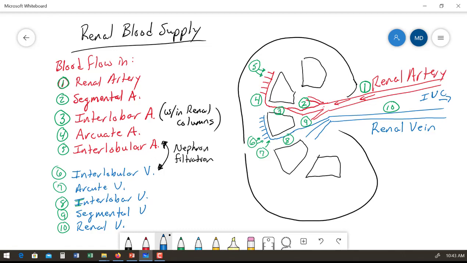Now next, what I'm going to do is go through the blood flow in this space in between here. So in this space between the interlobular arteries and interlobular veins, the blood flows into and around the nephron, and so that has its own set of steps as well. So I'm going to do these mini steps now. So let's clear.